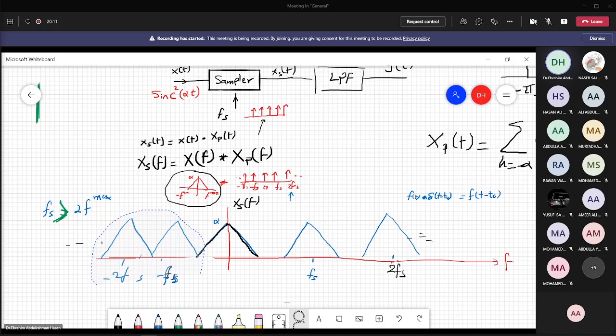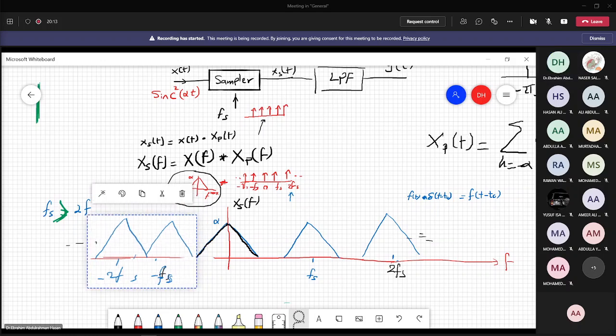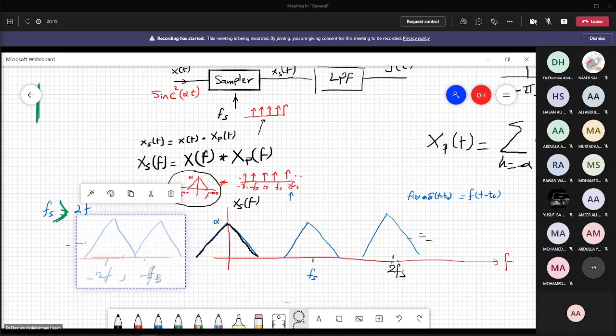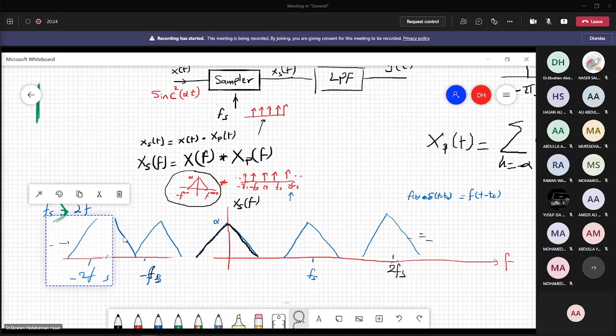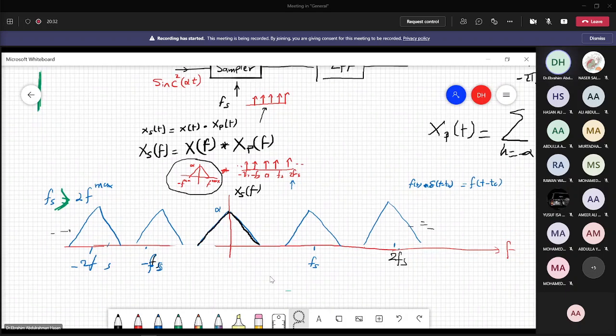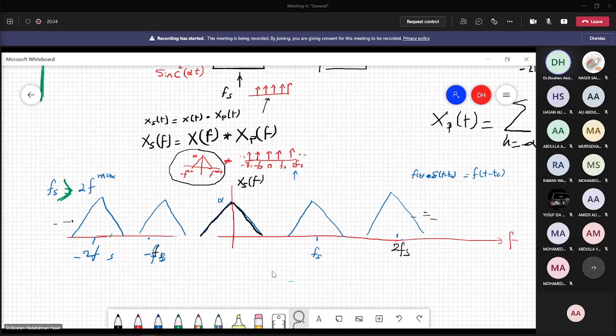Similarly here, and here. Okay, now a simple filter, you can put it here to pass only this one.